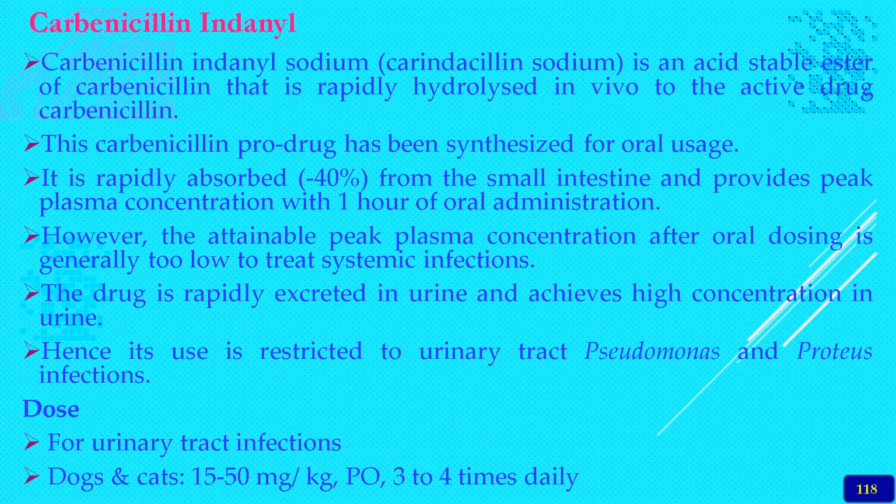The drug is rapidly excreted in the urine, and its use is restricted to UTI, especially Pseudomonas and Proteus infections. So we need to do the culture and sensitivity of the infected urine, then select the antibiotic. For urinary tract infections, it needs to be given at 15 to 50 milligram per kg, 3 times orally per day.